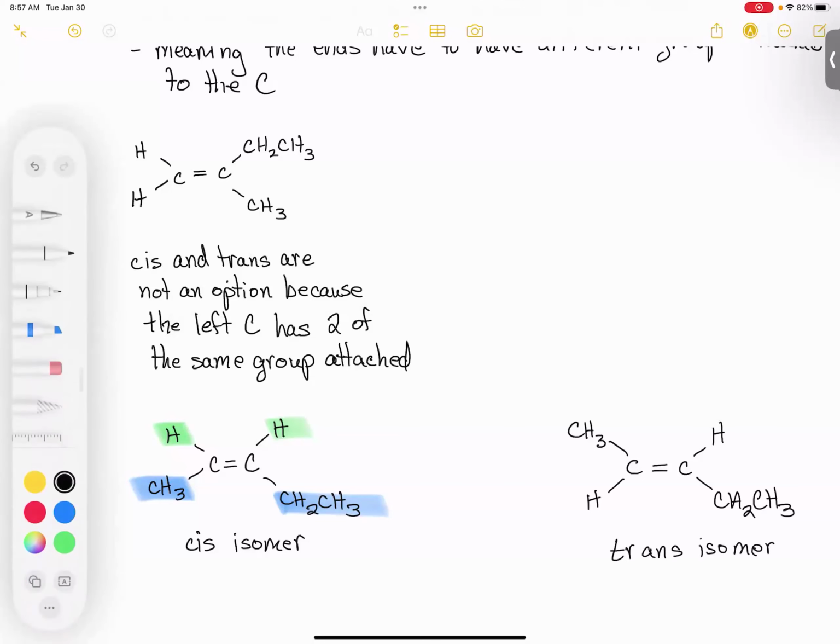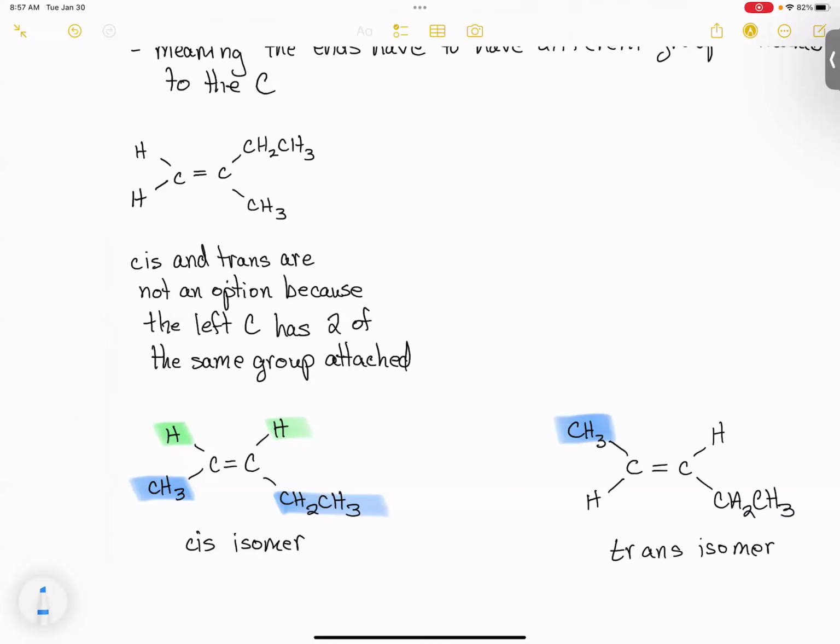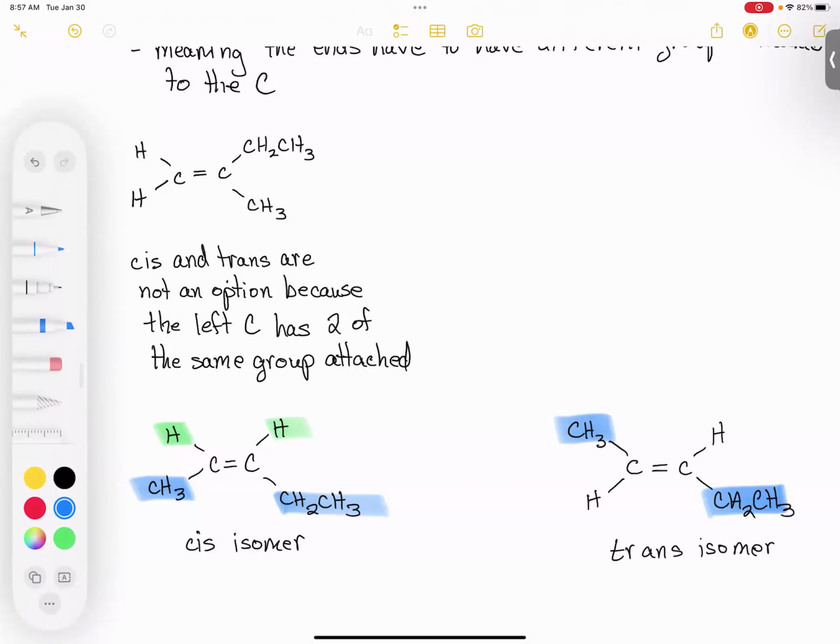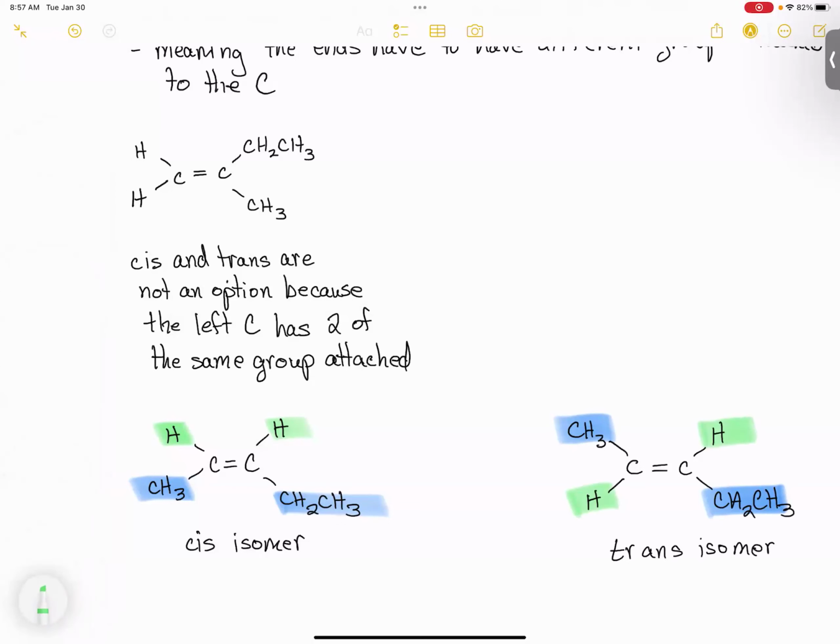Again, we can have cis and trans because we have groups that are different on the carbon in the double bond. The groups have to be different.